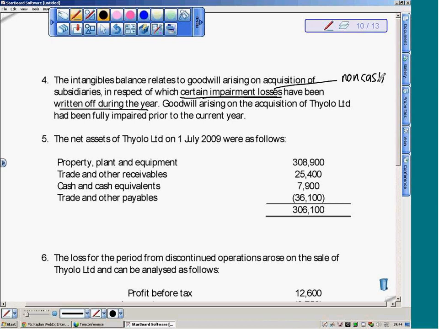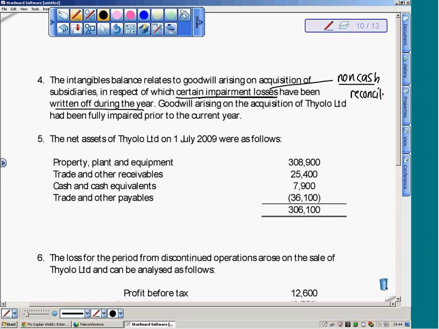We're going to need to add back that. So the impact is on the reconciliation statement, to add back any impairment. So we're going to work out what the impairment is and add it back.